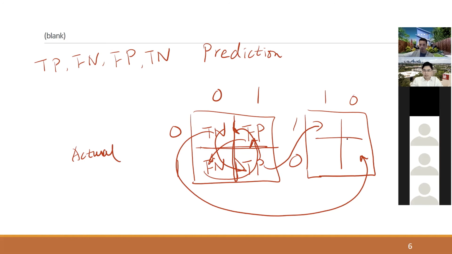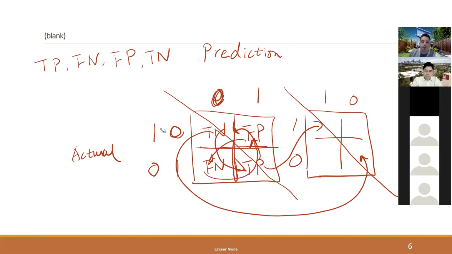But one thing remains: because the prediction is on the top and actual ground truth is on the side, you have the diagonals remaining the same direction. If you go like this, it completely changes, and it's too much to deal with. So better at least keep the diagonal line direction the same.